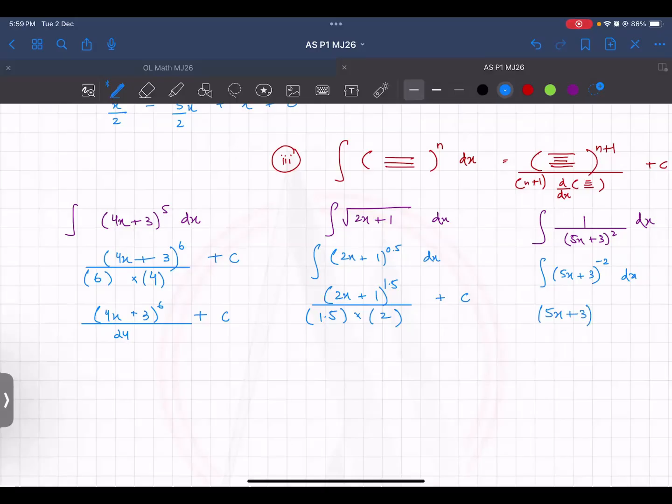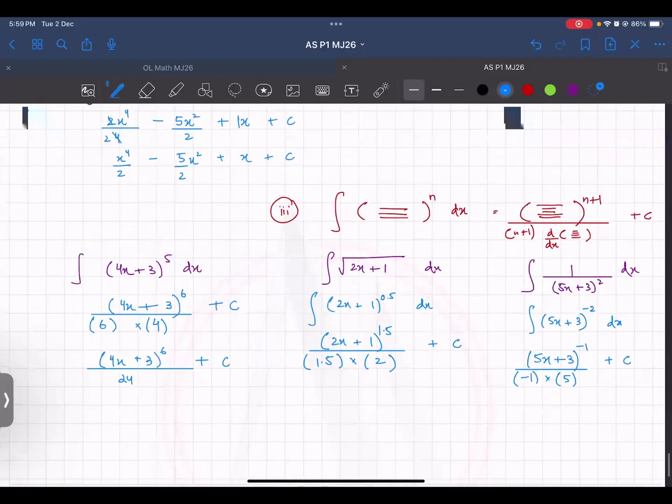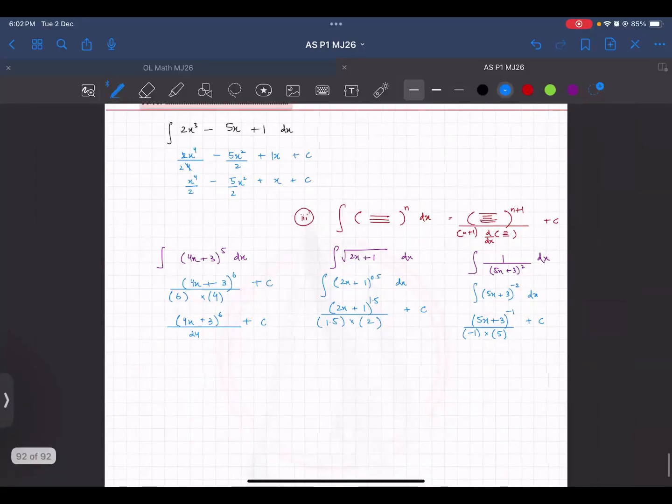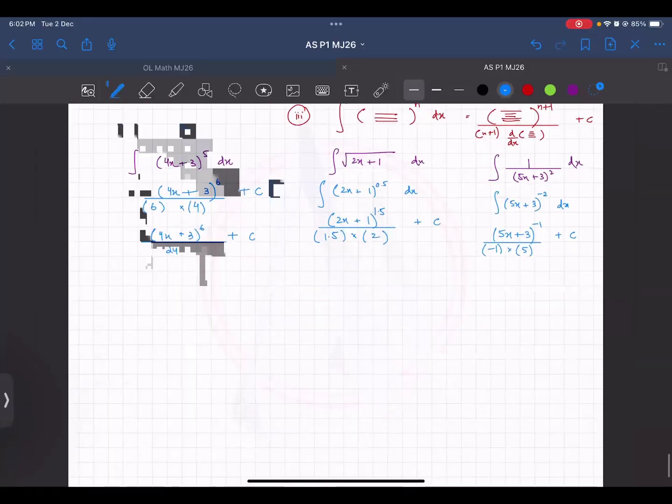Minus 2 plus 1 will become minus 1, divided by minus 1. And the derivative of the inside, 5x plus 3, will be 5, plus c. This is your last and final integration rule that you need to learn. Okay. Now the first application of using integration.